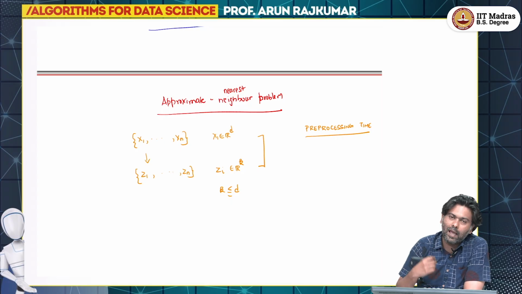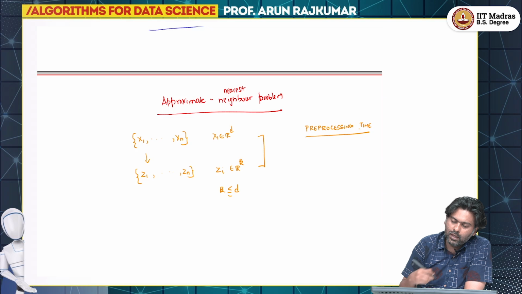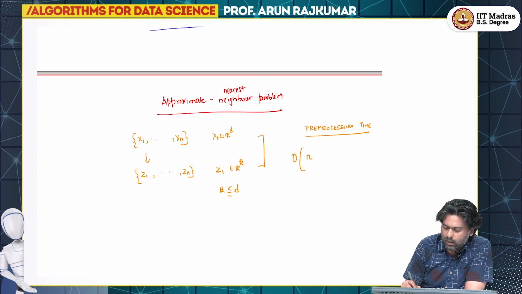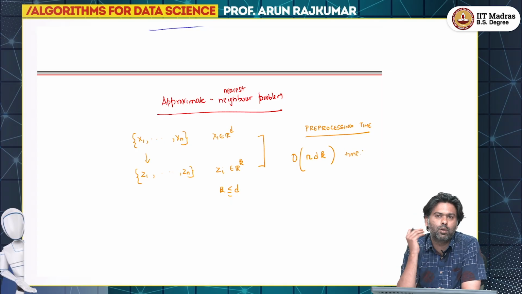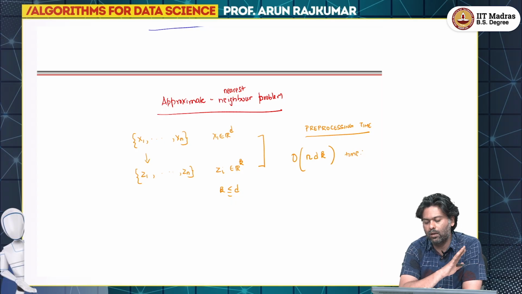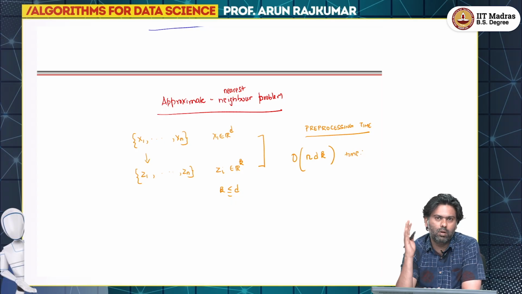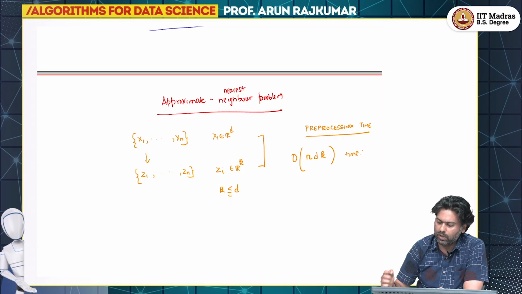And because there are n of such data points, each one takes k into d time. So the total time is something like order of n d k, right. So this is the amount of time that you need to do pre-processing, right. So this is like a one-time thing that we do, spending order of n d k time, to map all the high dimensional guys to low dimensional guys, right.